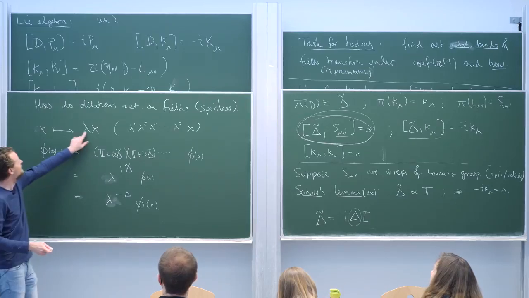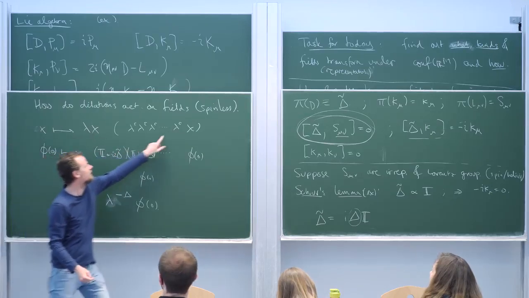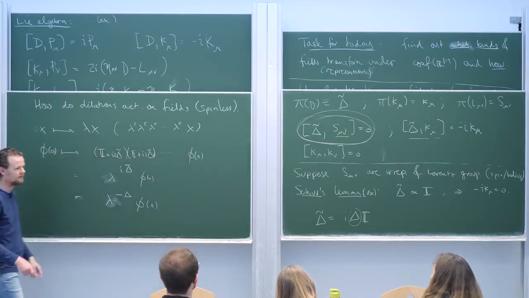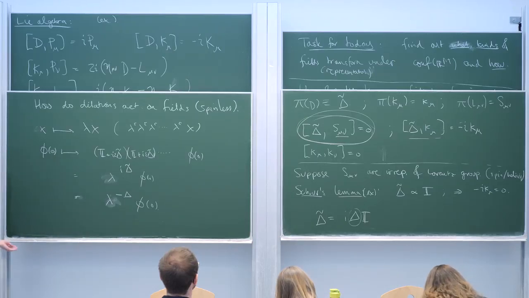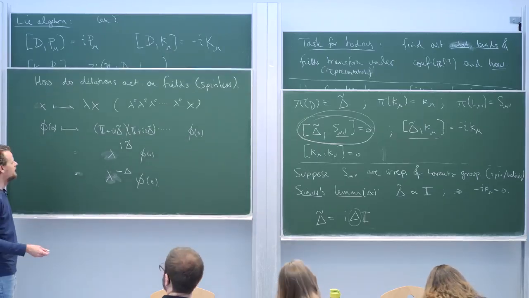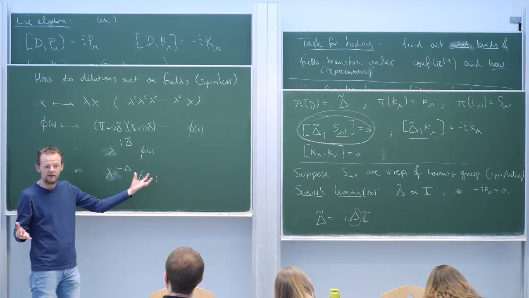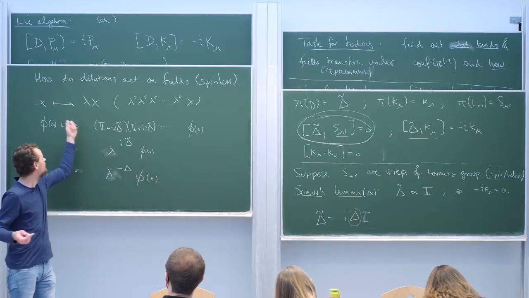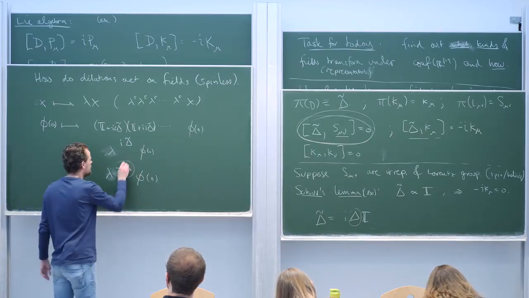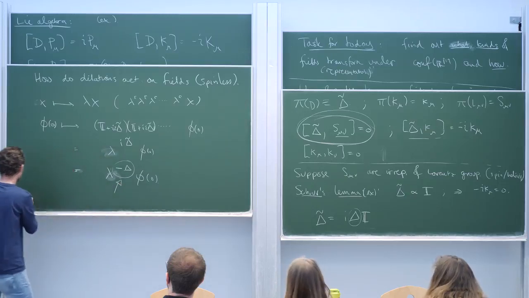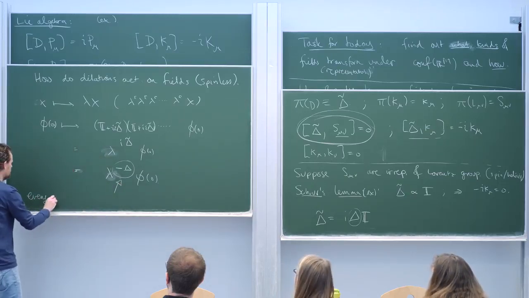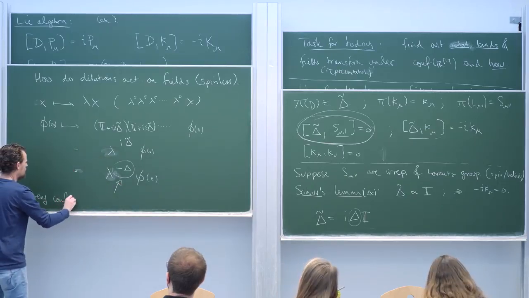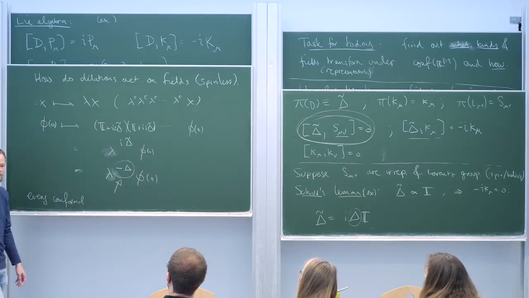Dilating by lambda is the same as dilating by a little bit many, many, many times. And that's how you get the lambda in there. So every field has a characteristic behavior under dilations. Delta doesn't depend on anything anymore. It's a number, a fixed number that's attached to the field.